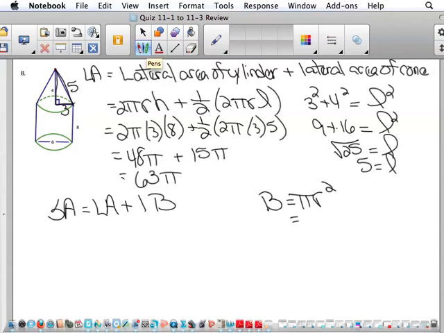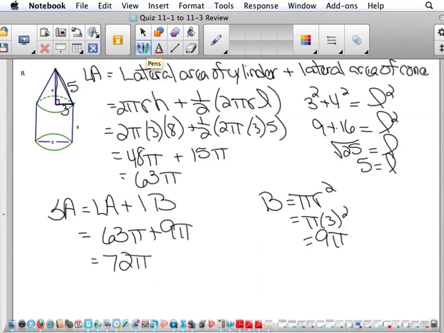The radius is 3. So 3 squared is going to give me a base of 9 pi. My lateral area was 63 pi plus one base, which is 9 pi, gives me 72 pi as the area, the total surface area of this solid.